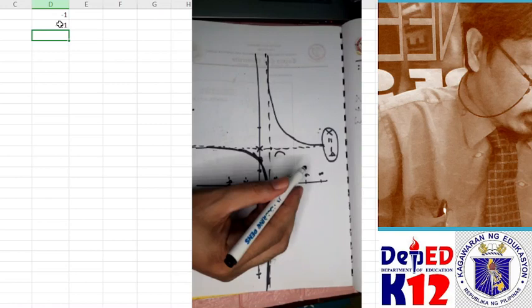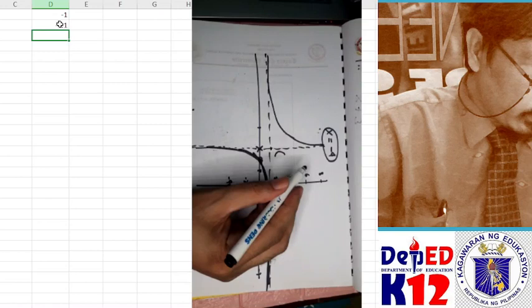X should be greater than negative 4 and up to infinity. So what is the range here? Negative infinity up to less than positive 1. That is the maximum value, positive 1.